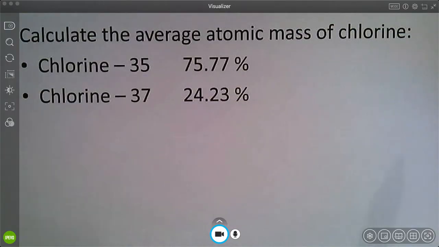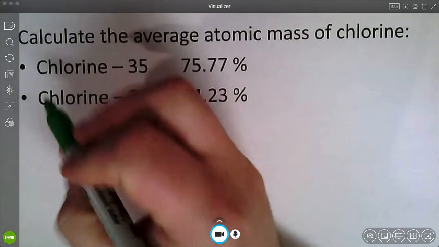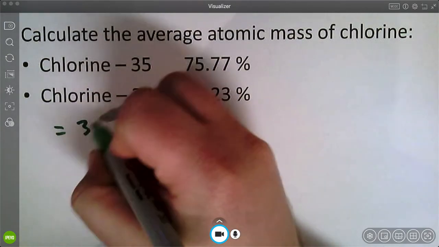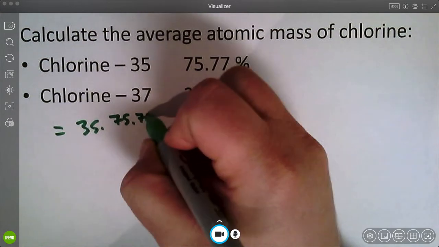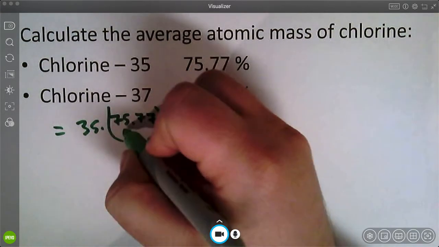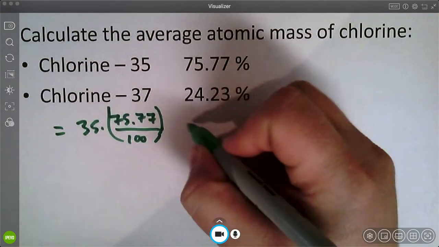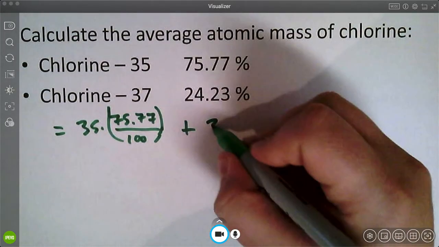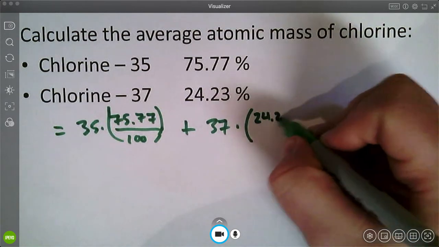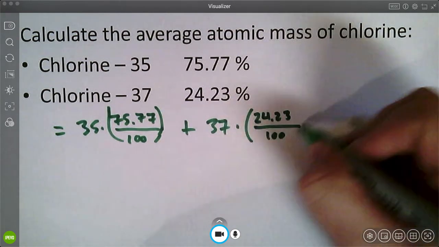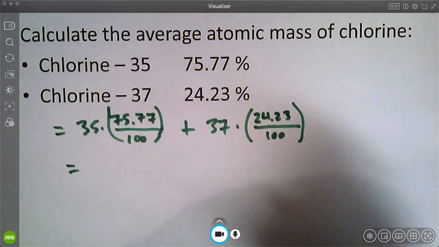Got an answer? First we're going to take the 35, times its percentage, 75.77 over 100, plus the 37, times its percentage, 24.23 over 100. Simplify that.